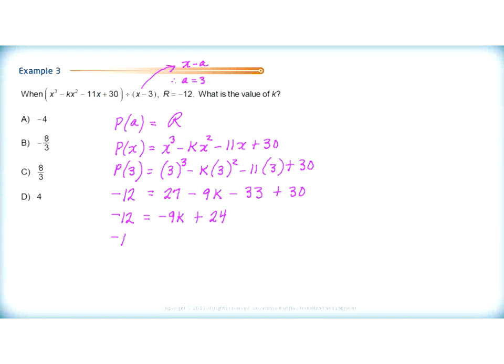So then we have a negative 12 minus 24 is equal to a negative 9k. A negative 36 equals a negative 9k, so that tells us that k is equal to 4. And the corresponding answer is D.